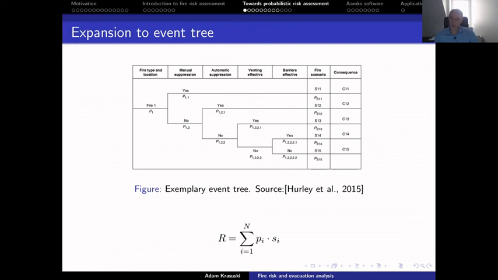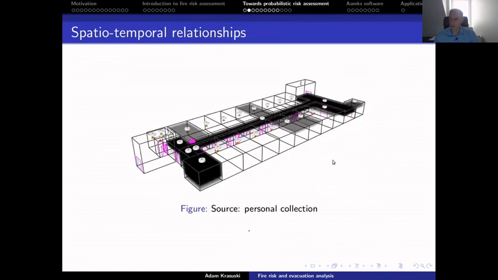So the event tree brings us a little bit closer to our specific building, yeah? But still some problems remain. Namely, the event tree does not model the spatial-temporal relationships. Not only is it important whether the sprinkler system operates or not, but also the time related, for example, to the evacuation time.